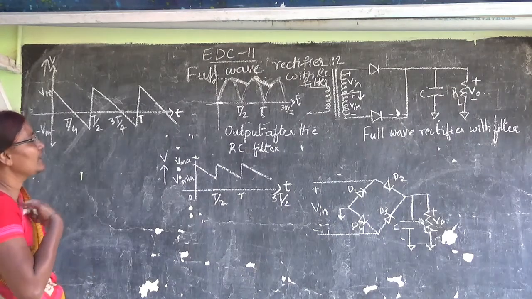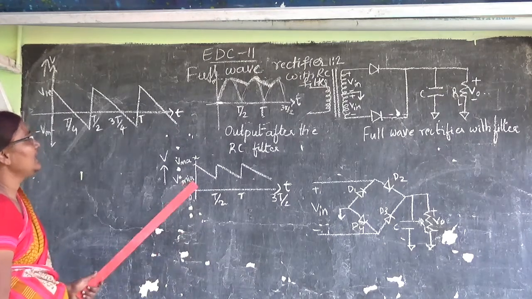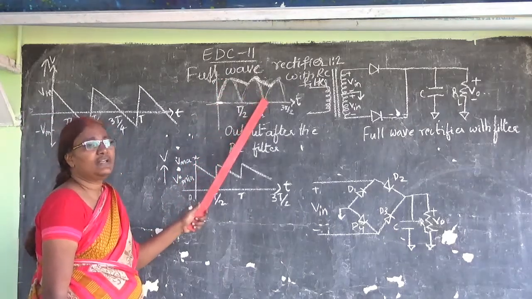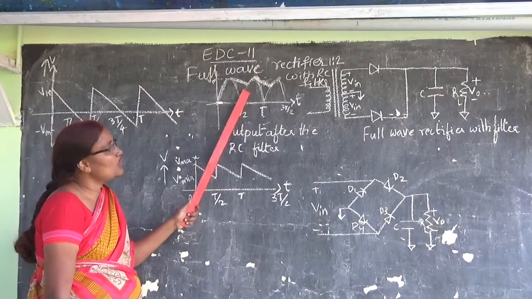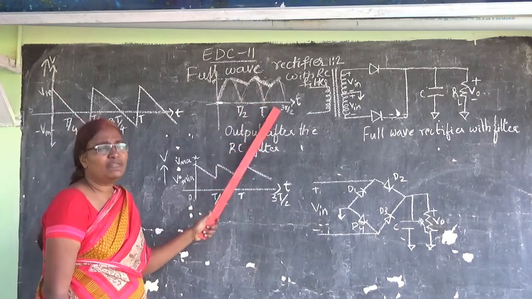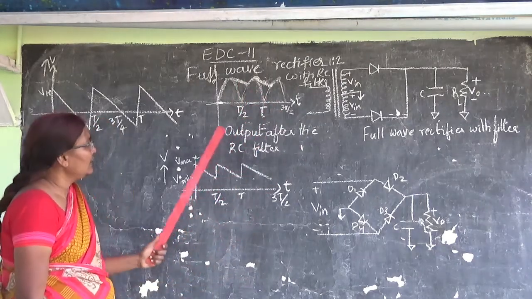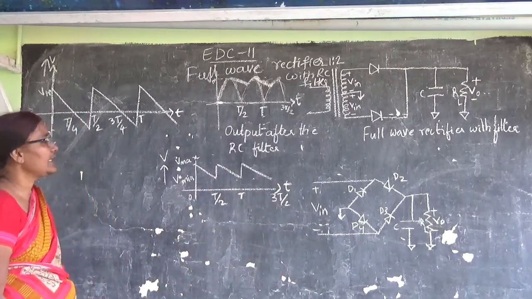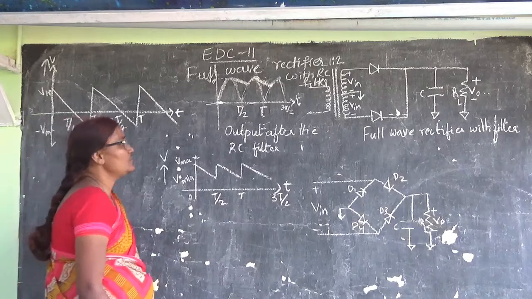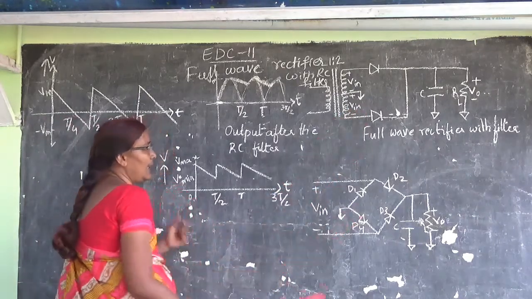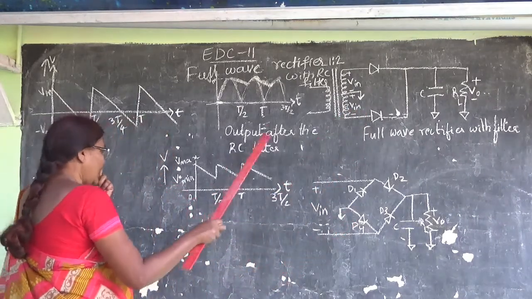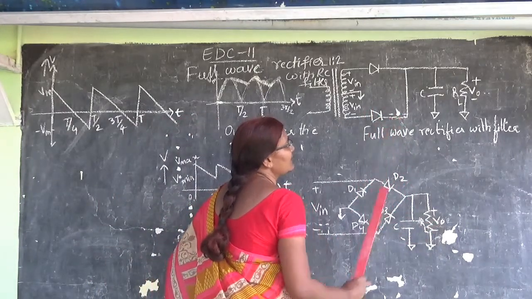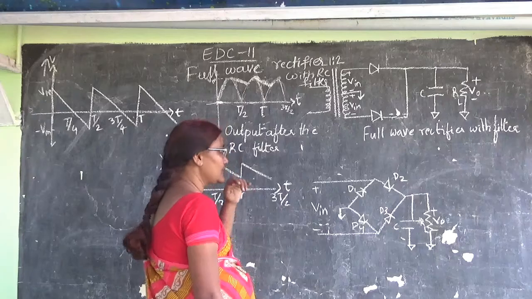So what we are going to see is that if we connect the filter, then most of the ripple will be filtered out and more DC will come out at the output of this rectifier, and these two will give the same output. And how we can connect the filter for these two circuits is shown in these two figures.